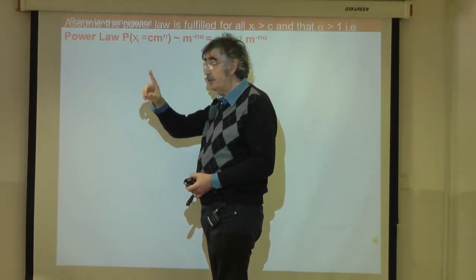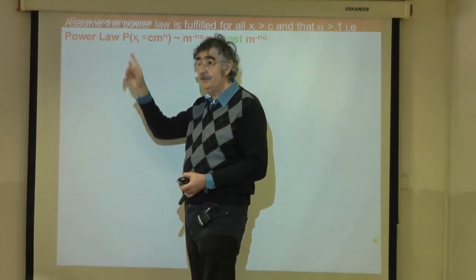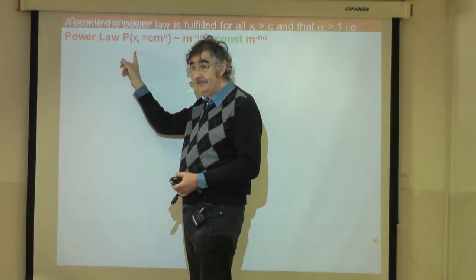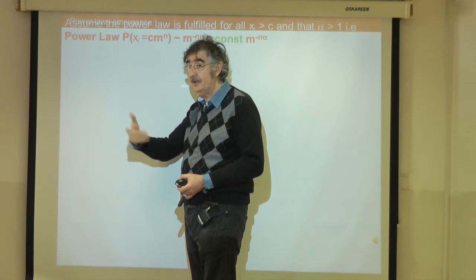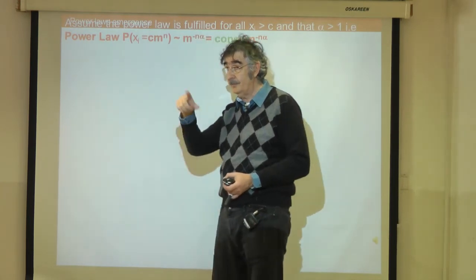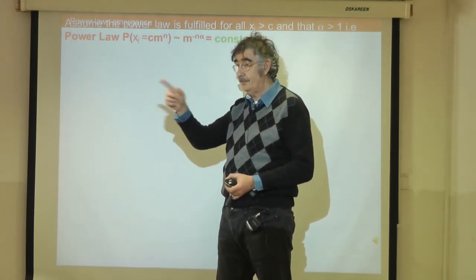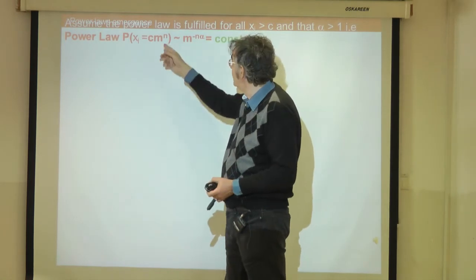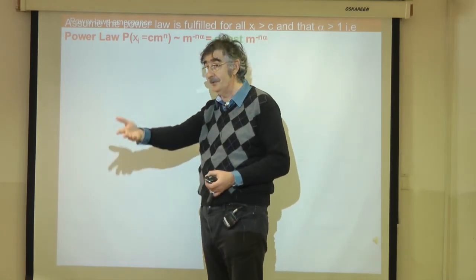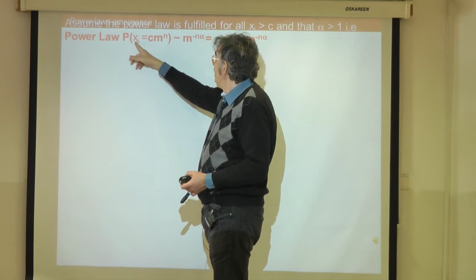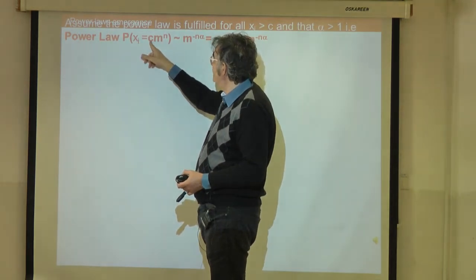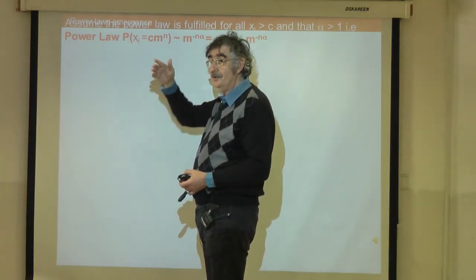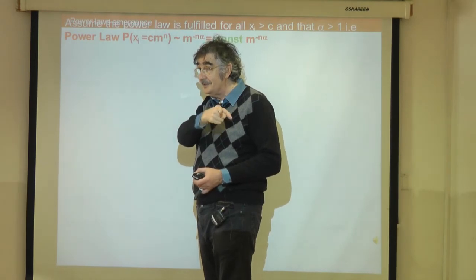I reduced the previous problem of wi to the problem of xi. And I said that if xi, for instance, fulfills a random multiplicative process, let's say of the same type that we have solved already, then the probability of, except that now the lower bound is not at 1, but at c.